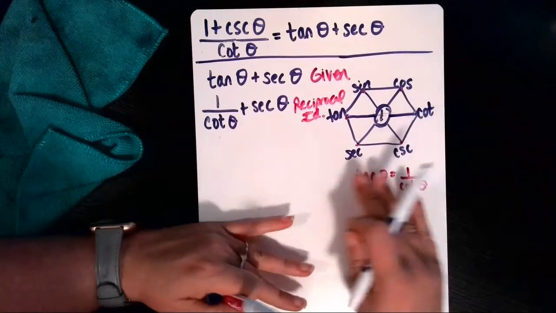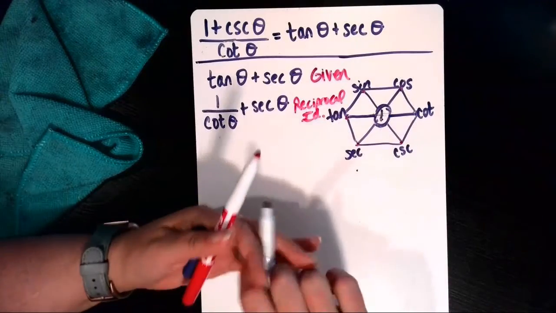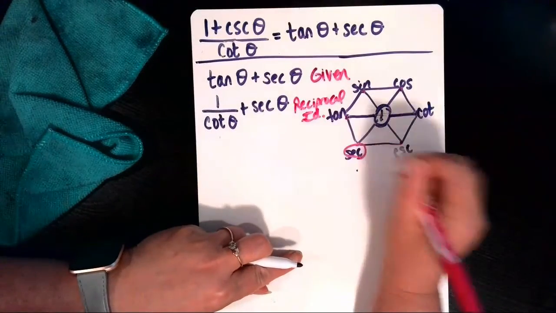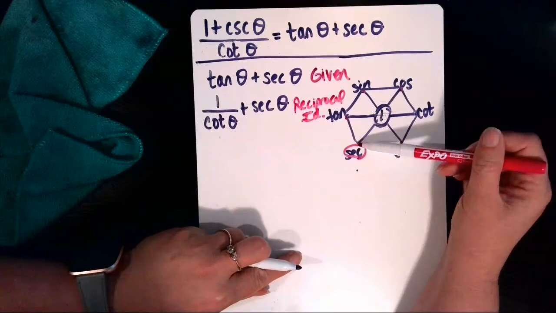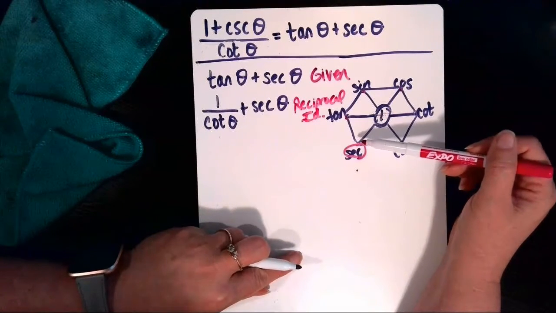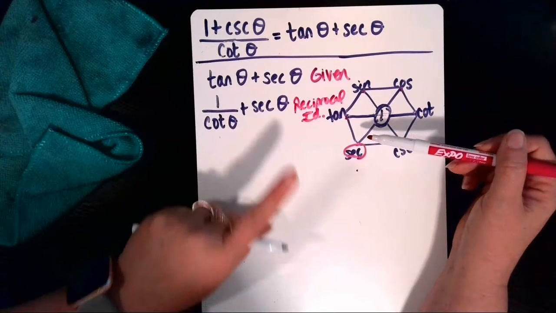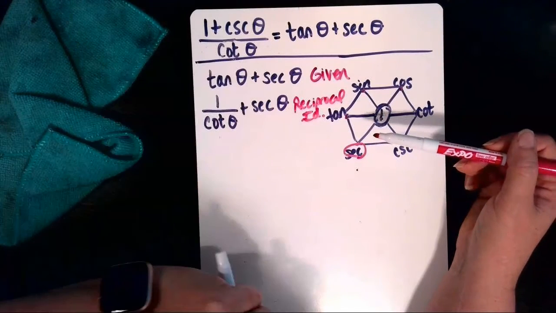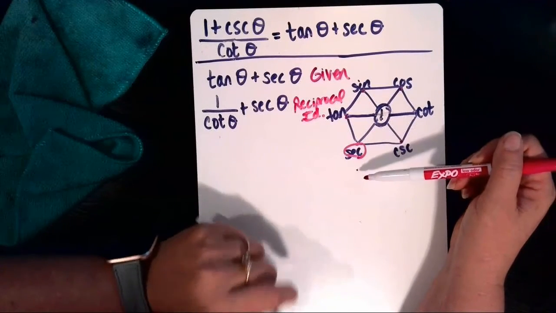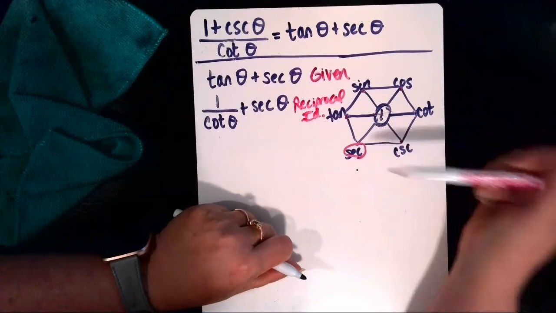So secant is down here. And if I were to try another reciprocal identity on secant, secant's reciprocal is cosine. And I don't want to have a denominator of cosine. I want to have a denominator of cotangent. So we're not going to use a reciprocal identity a second time.